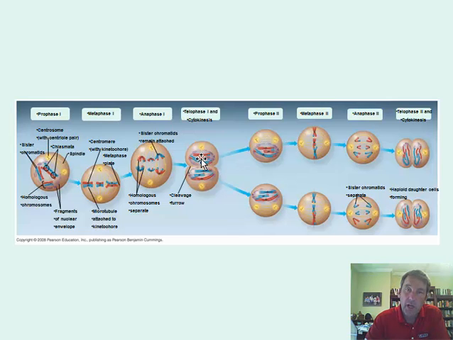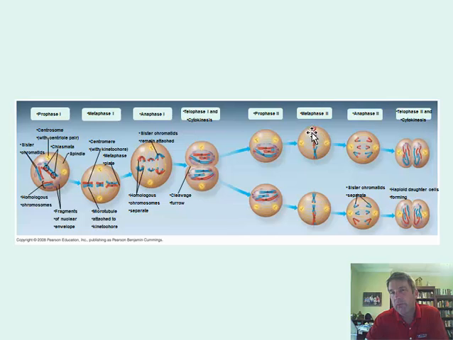Now in meiosis 2 right here, these two cells then start meiosis 2 right away. And so these two start going through a second division. In this division, they do line up single file along the equator. So this is very similar. Meiosis 2 is very similar to mitosis.